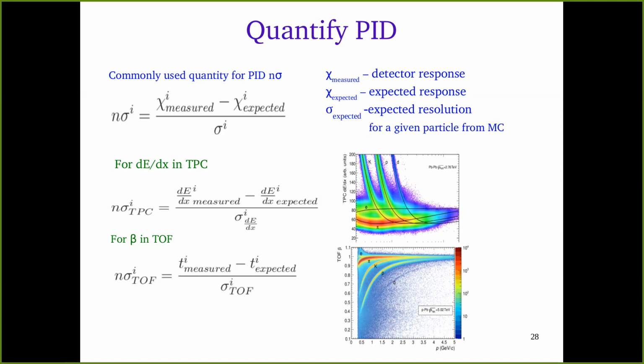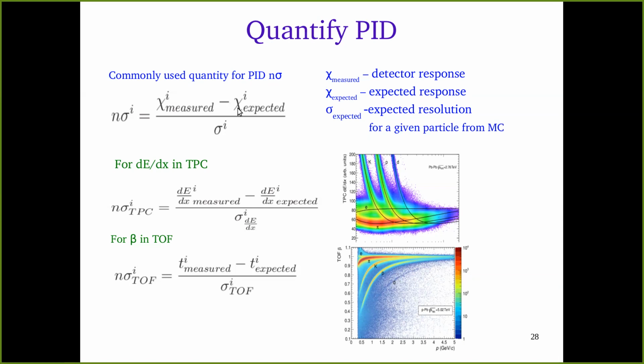So this chi is a detector response of a particular species. Here i stands for a particular species. It can be pion, kaon, or proton, meaning those particles which give a detectable signal in your detector.